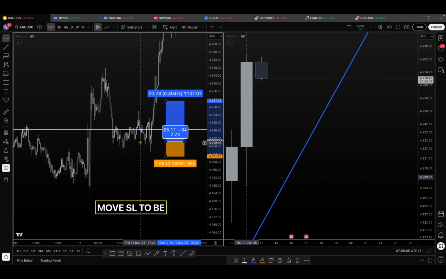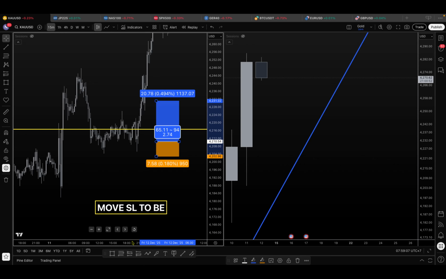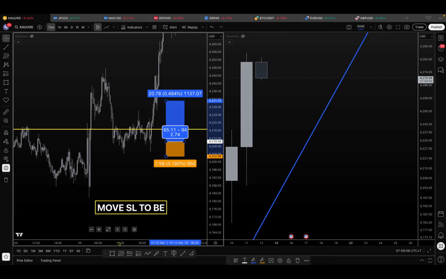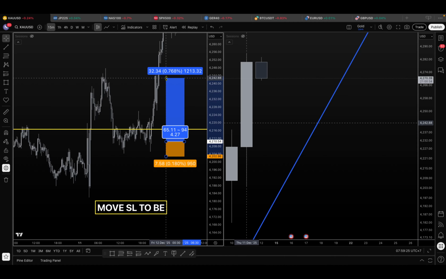But after this rejection candle, I decided to get in. If I had used the limit order, I would have had a much better reward, at least four R from this trade.